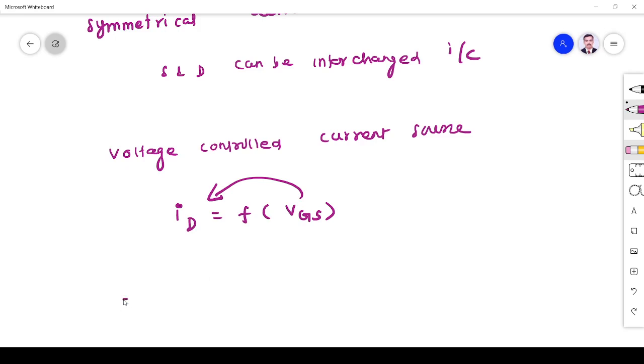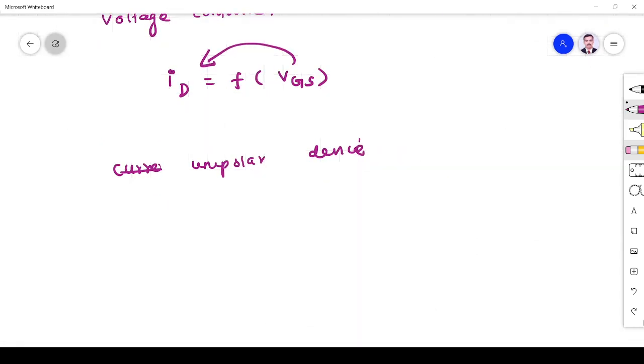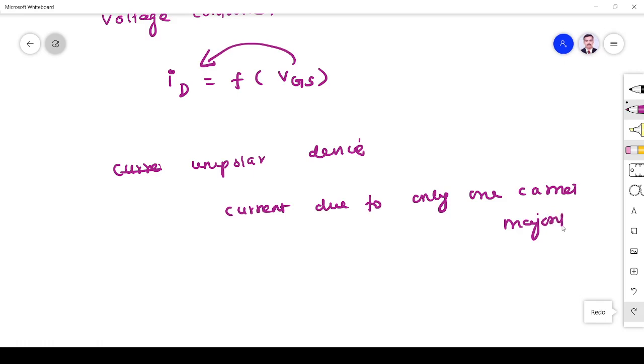And MOSFET is a unipolar device. Current flows due to only one carrier. We are saying N channel and P channel, that we will see later in detail. So current is due to only one carrier, that is the majority carrier, right? That's why it is called a unipolar device.